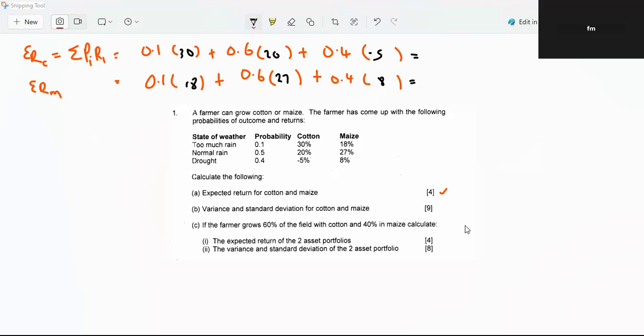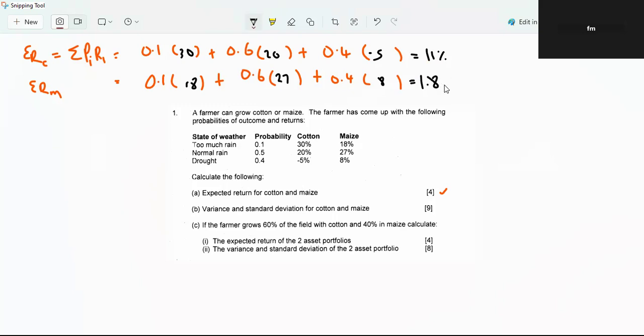So if you have a calculator, you can calculate as they are appearing. Any questions so far? No questions. So the first one, cotton, 11%. Then for maize, we'll find 1.8%. So this is 11%, 1.8%.